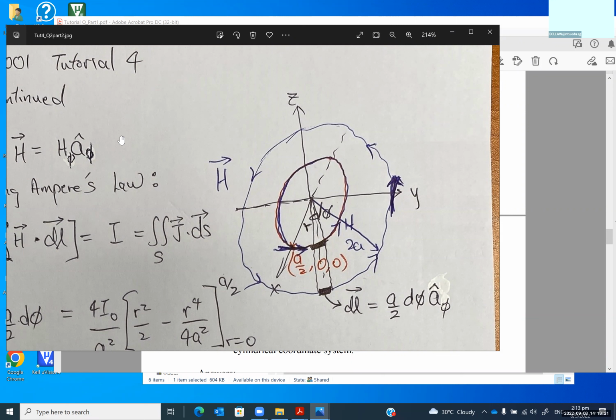How about H_z? Is H_z finite or is H_z 0? Is it 0? Why? That doesn't answer why. Why is the z component 0? Go and visualize. Okay, this is the x-axis, this is the y-axis, this is the z-axis. The cylinder is here, right?